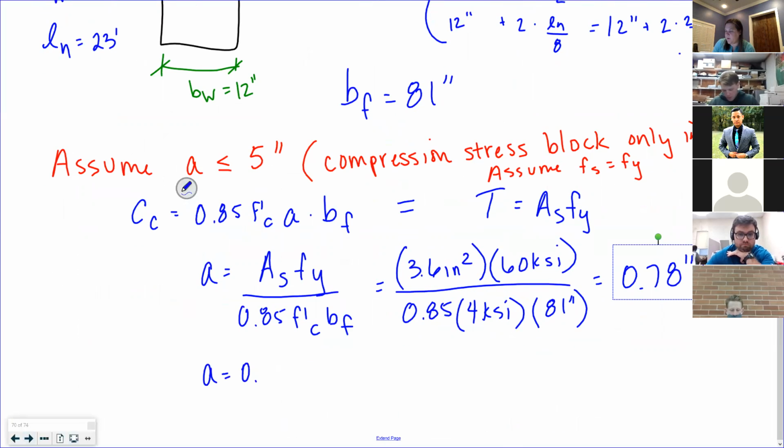A is 0.78 inches, less than your slab height of 5 inches.